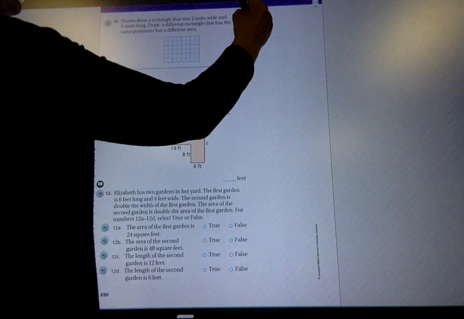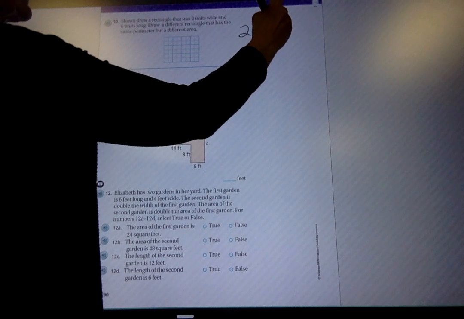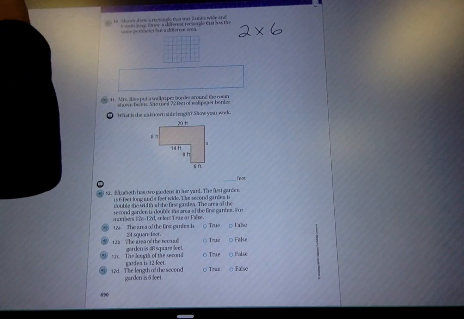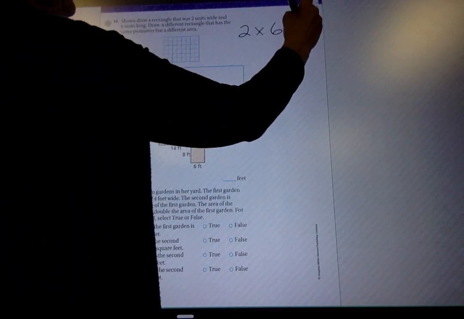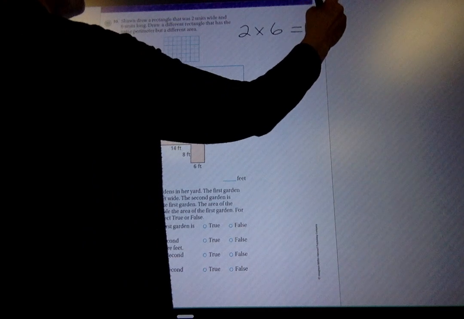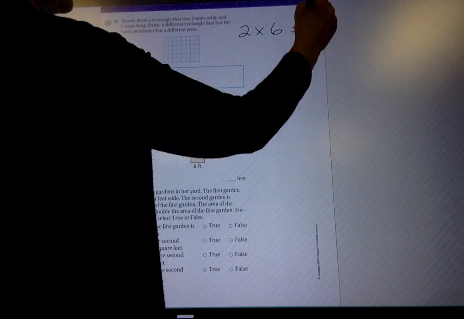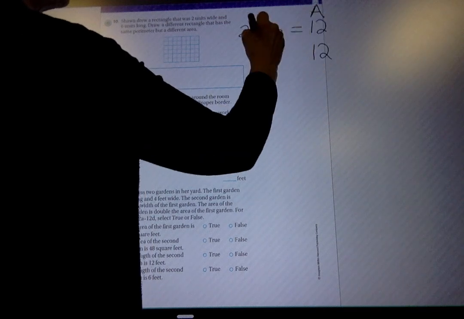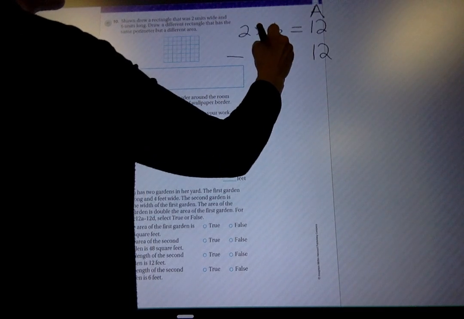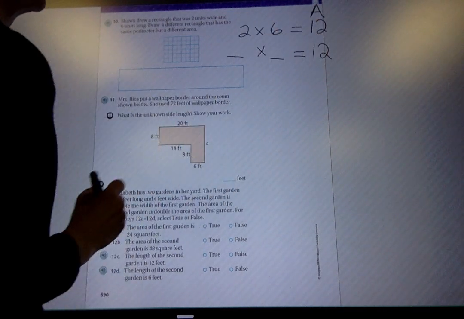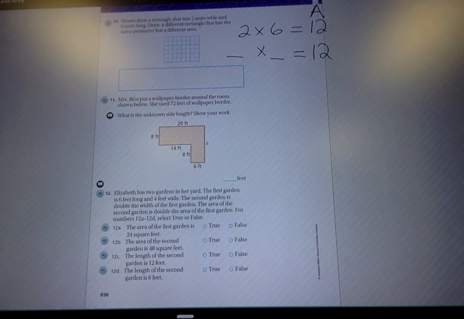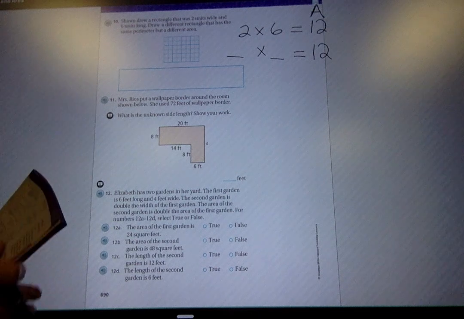So 2 by 6. The area of that would be 12 for the area. So we need another one that says what times what equals 12, and draw it. You can draw it on here.